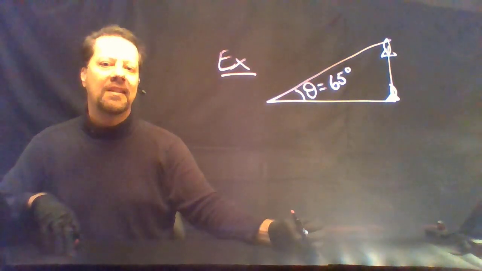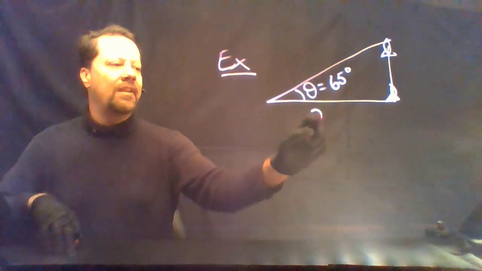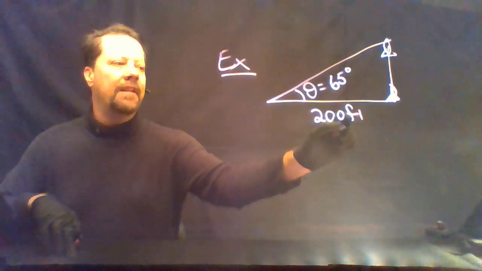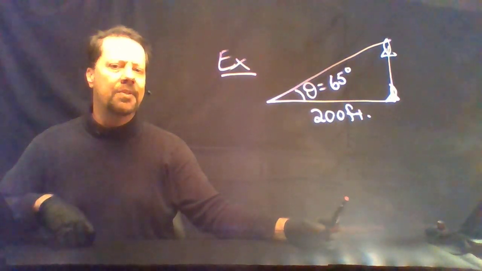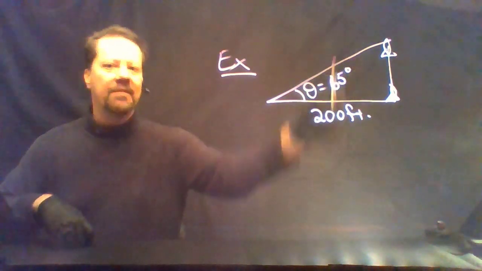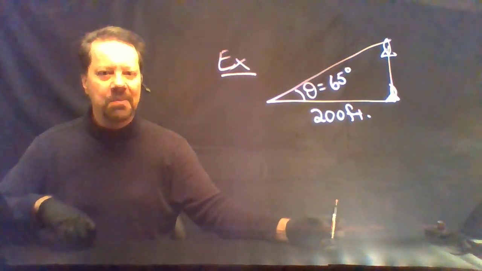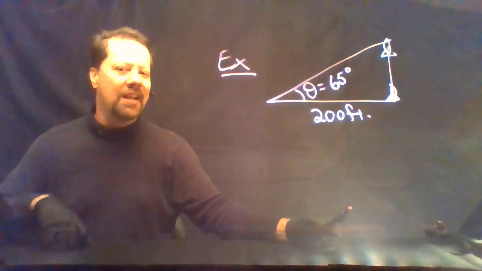Let's suppose that that's 65 degrees and that you are 200 feet away from the rocket when it is launched. Also suppose that the rocket goes straight up. I know that may not be your experience in launching rockets, but we're going to assume that here.